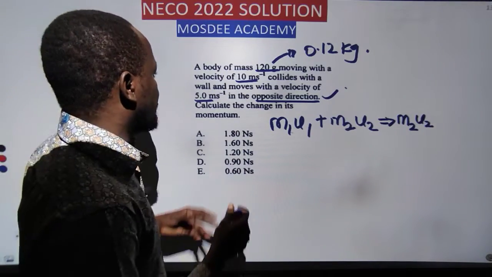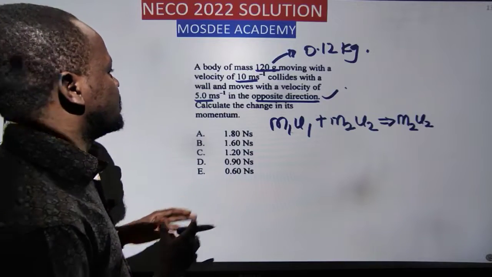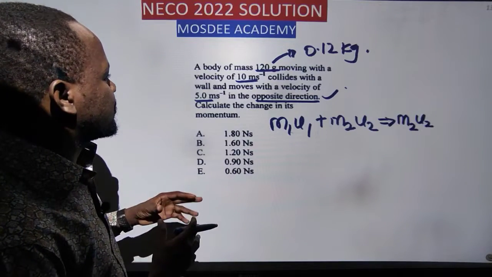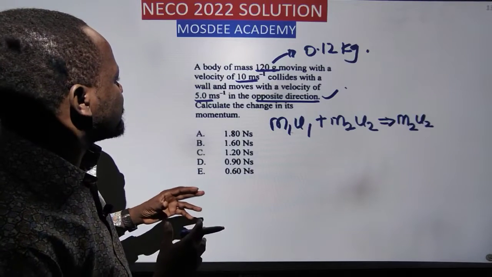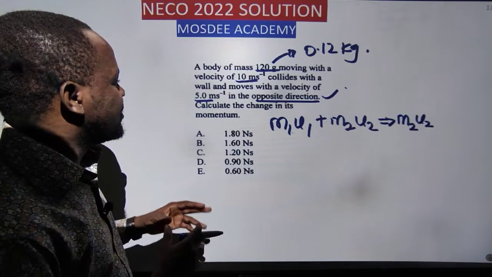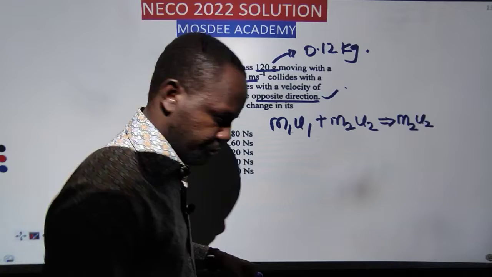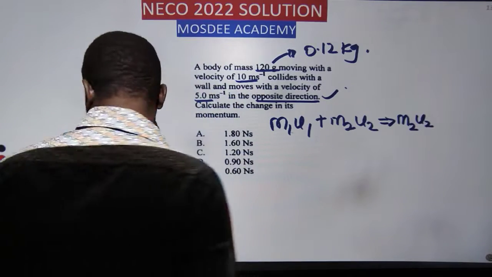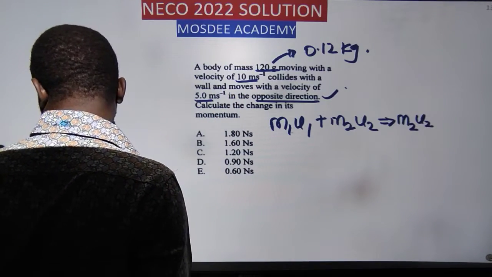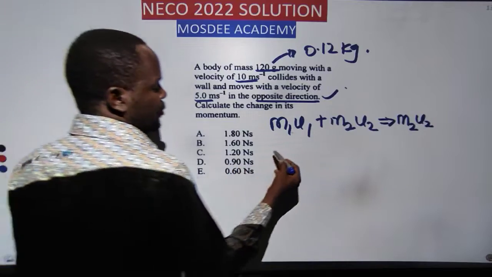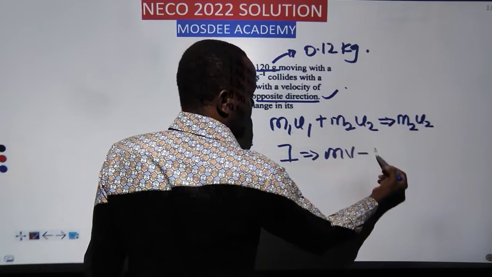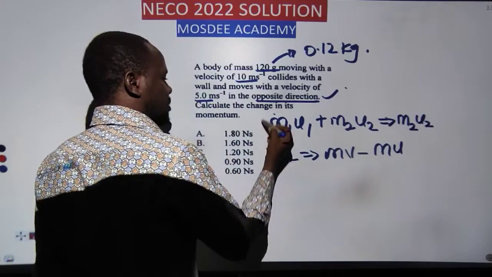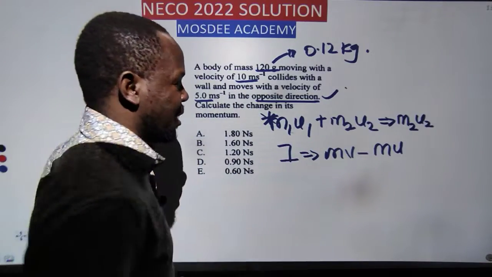Change in momentum. Sorry about that, it should have been a direct question. I'm just wasting my time and energy. Change in momentum is our impulse, which is mv minus mu. Thank God I was able to spot that.